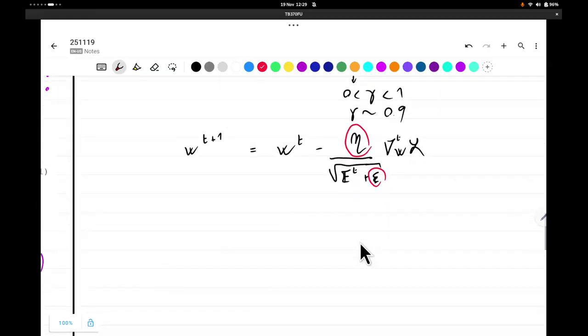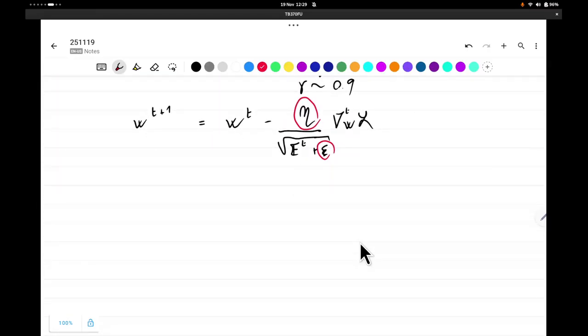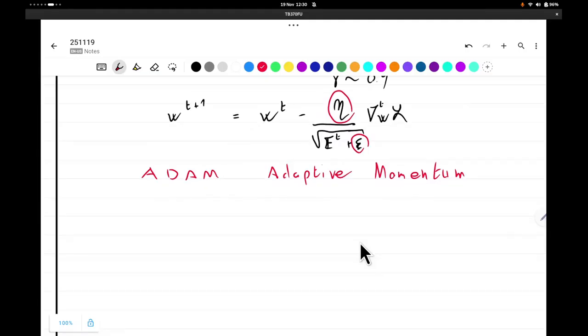and essentially combining these two would be the Adam, adaptive momentum optimization or algorithm, and this works like this.